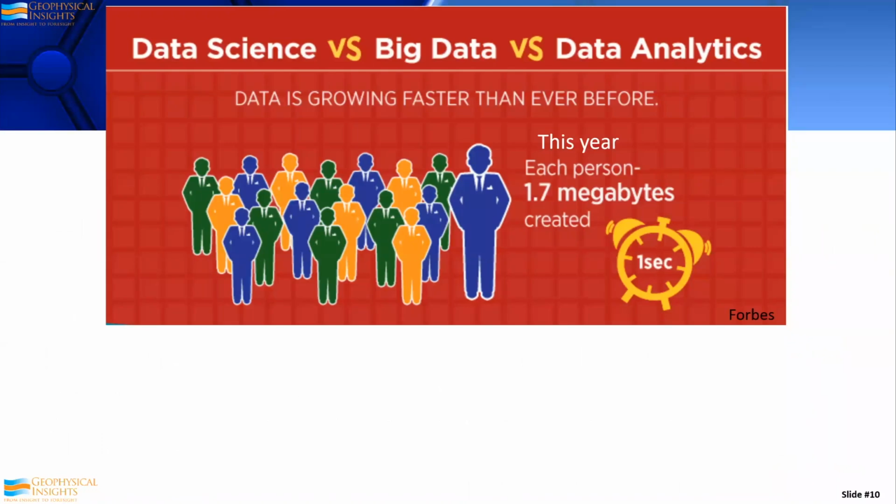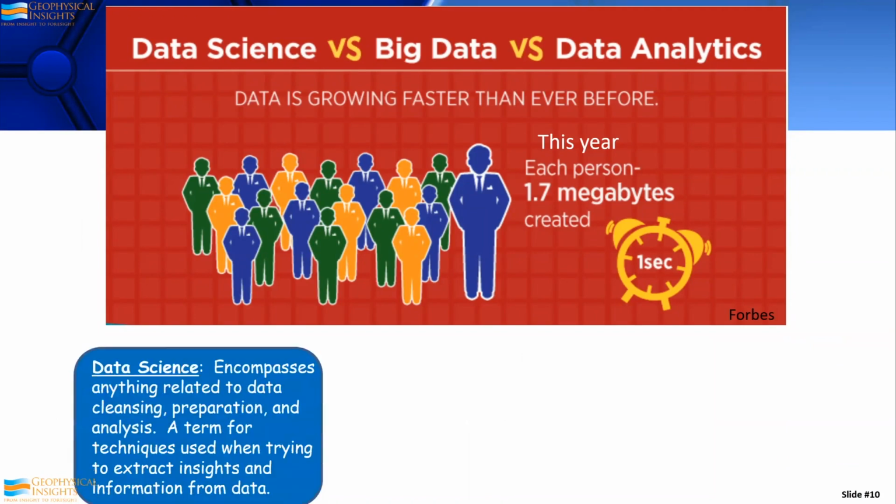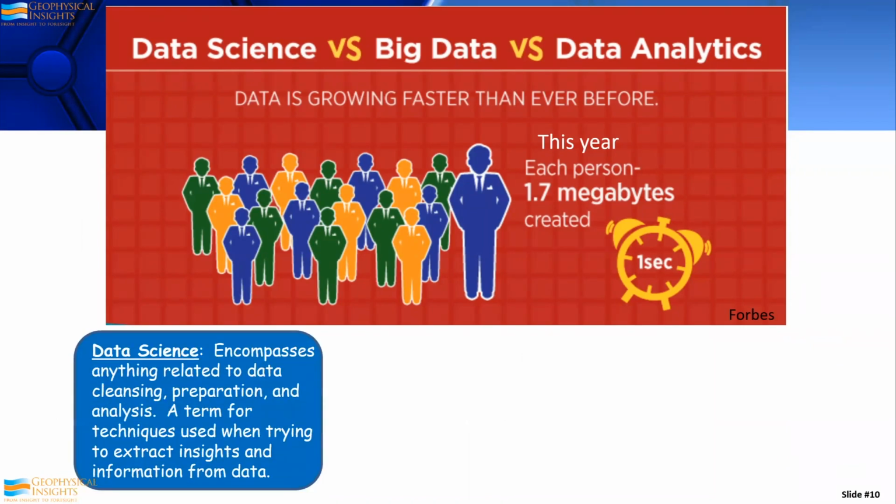So what are some of the terms that we use when we talk about machine learning? We have data science, which encompasses anything related to data cleansing, preparation, and analysis. So data science is the term for the techniques used when trying to gather insights from and information from data.